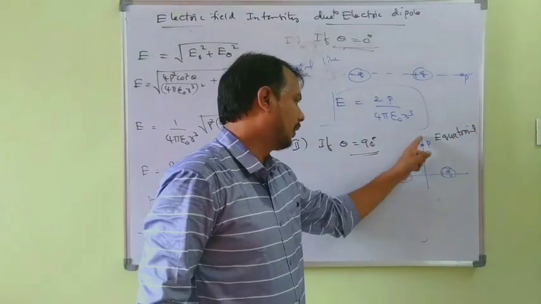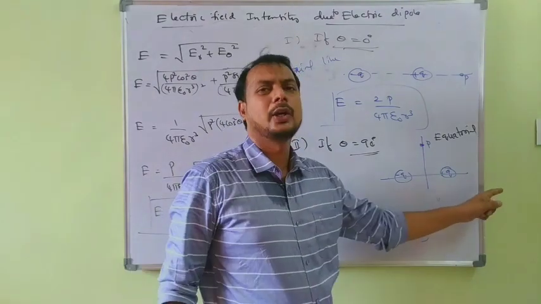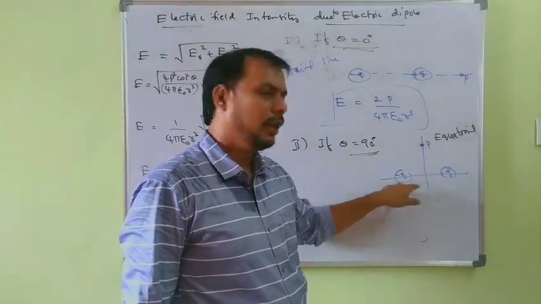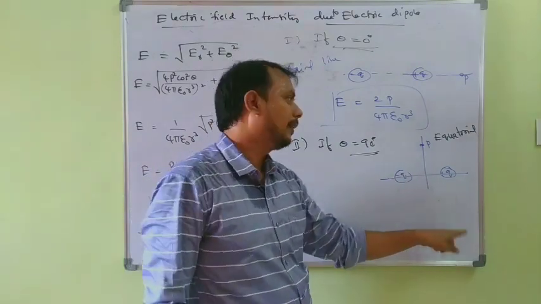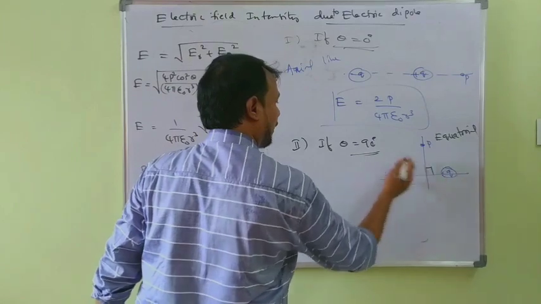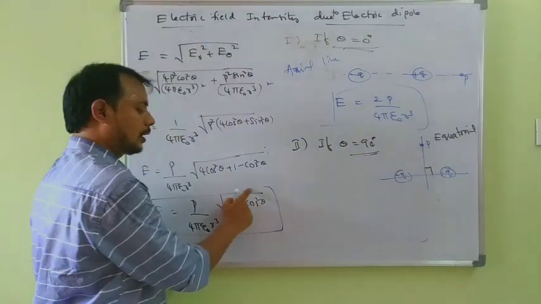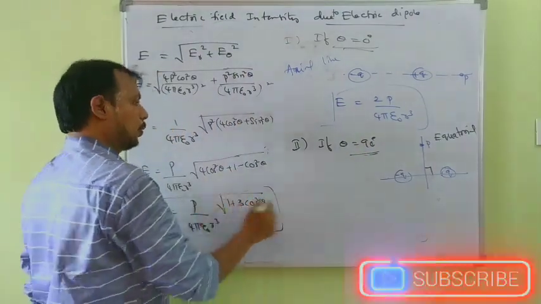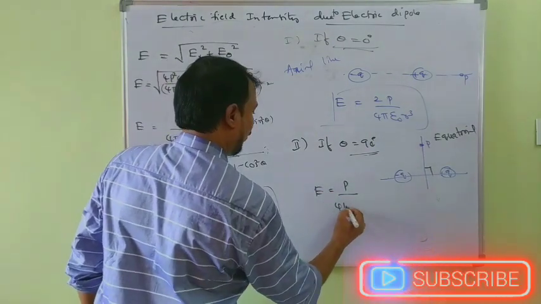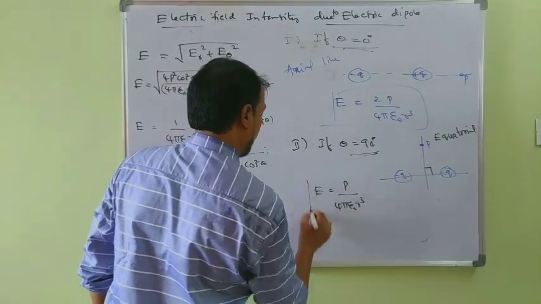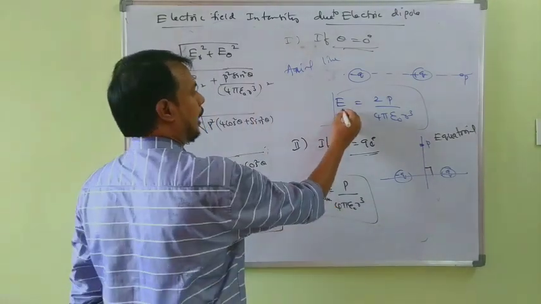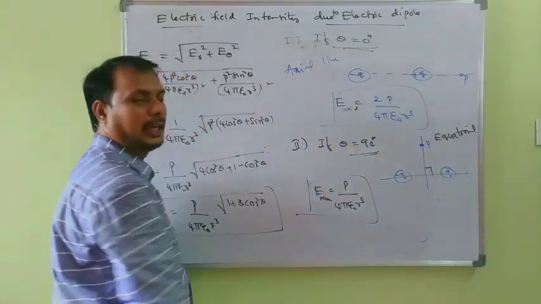The line passing through the midpoint of the dipole and perpendicular to the axial line is called the equatorial line. So for the equatorial line, theta is equal to 90, cos 90 is 0. So the electric field intensity is P by 4 pi epsilon naught R cube. This is along the equatorial line and the other is along the axial line.